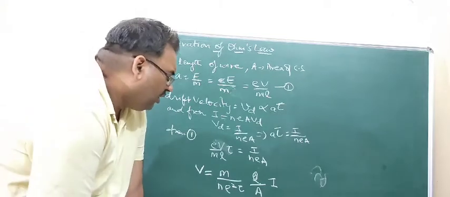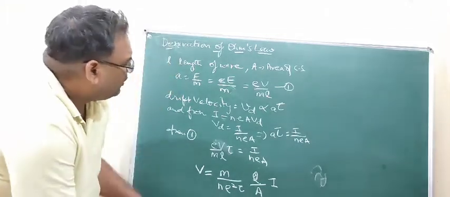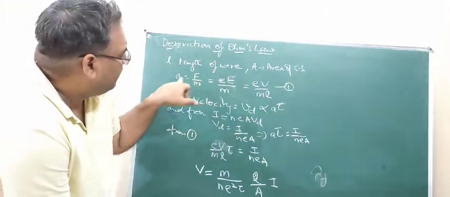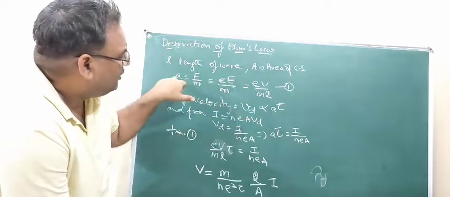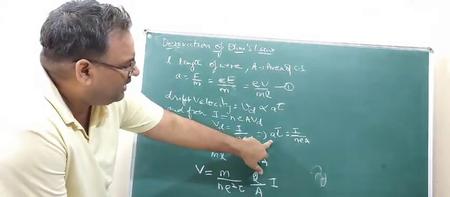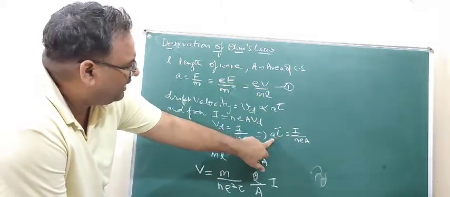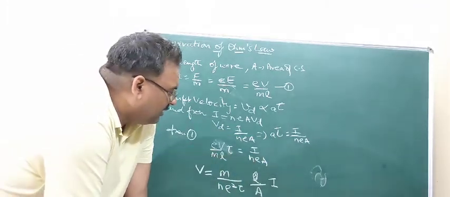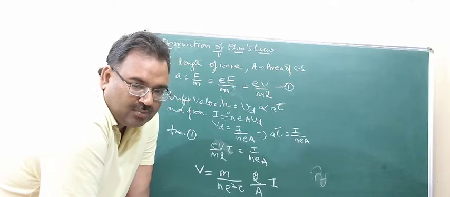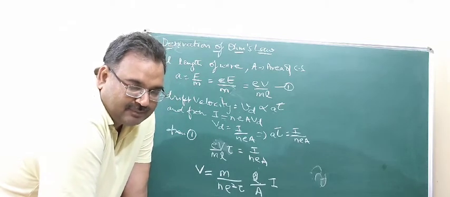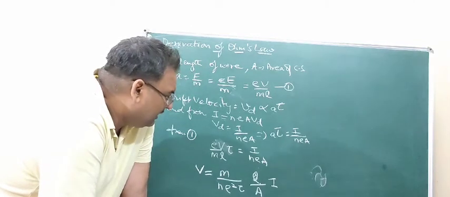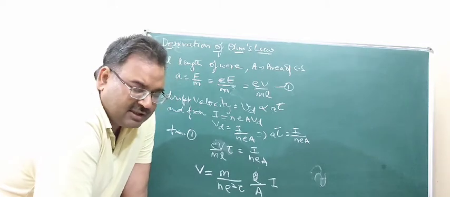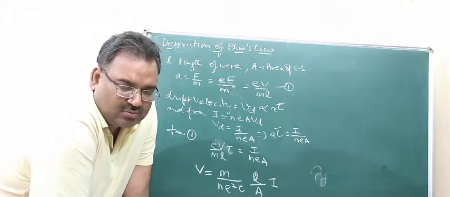Now instead of acceleration, from equation number 1 we have a is equal to eV upon mL. In a tau we substitute the value of a. eV upon mL into tau is equal to I upon nAe. Then we have to find out the relationship between V and I because that's Ohm's law.